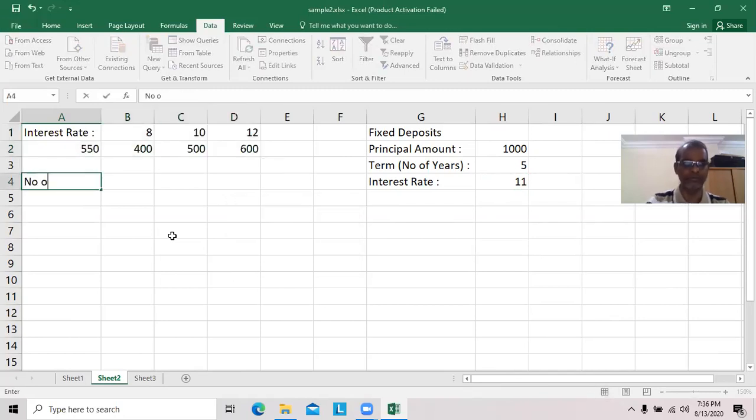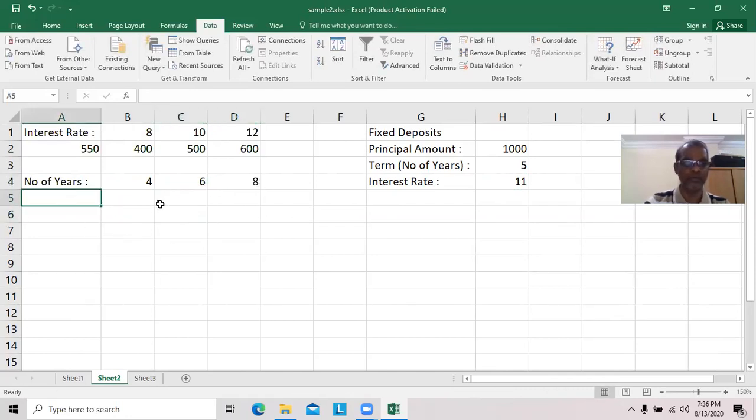Similarly, what will happen if the number of the years changes? That is, we are going to change time: 4, 6 as well as 8.